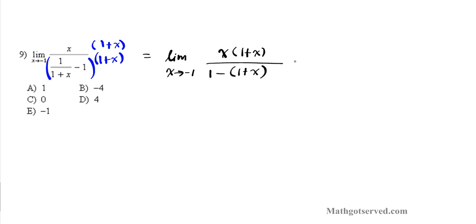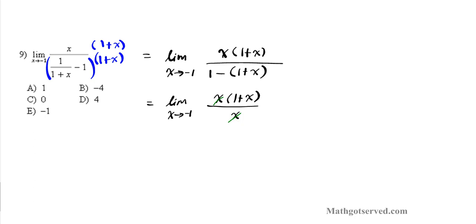If I simplify this further, this becomes the limit as x approaches -1 of x times 1 plus x divided by, and then these two minuses cancel out, x. And then you divide out this x and the x.